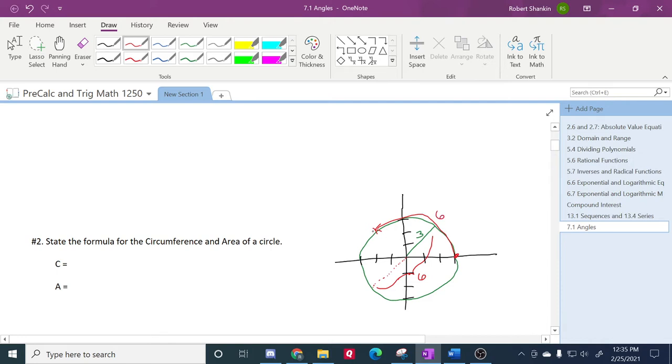And then if you did it again, from here across, you'd get about around here, another 6. And if you did it again, you'd get almost back to the beginning, a tiny bit short. And this doesn't work for just a circle of radius 3. It doesn't matter what it is.